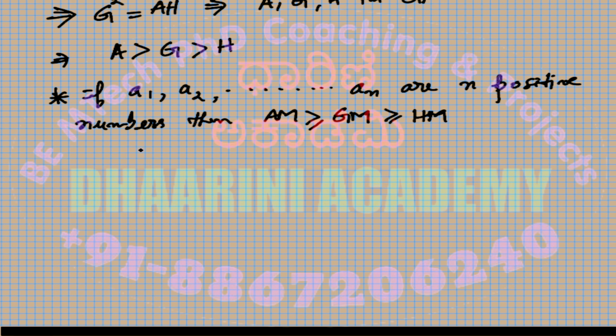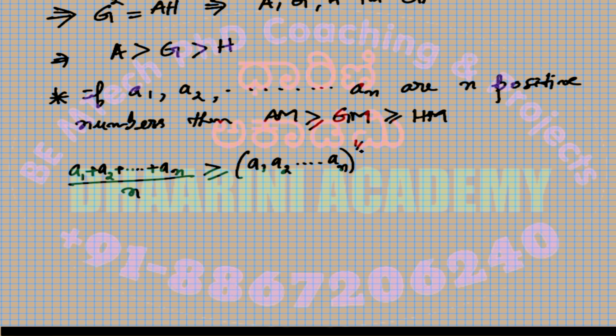So how do you find out the arithmetic mean? I can write A1 plus A2 plus dot dot dot plus AN whole divided by n. This is the arithmetic mean. This is always greater than or equal to the geometric mean, which is A1 into A2 into A3 into all the numbers up to AN whole raised to the power 1 by n.